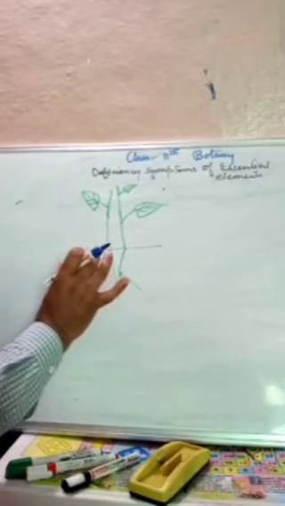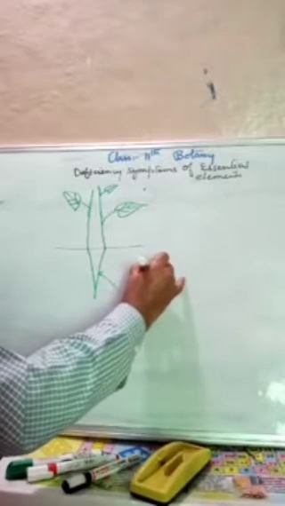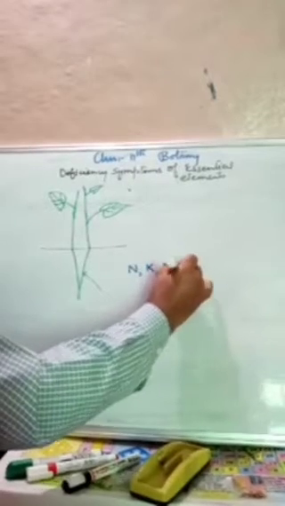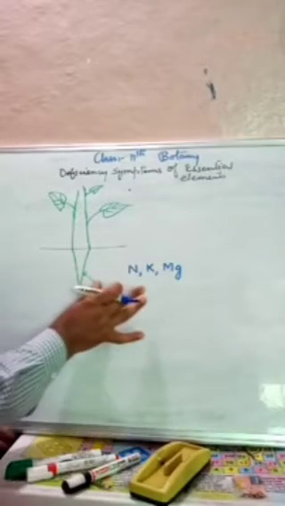Now there are some elements, for example nitrogen, potassium, and magnesium.